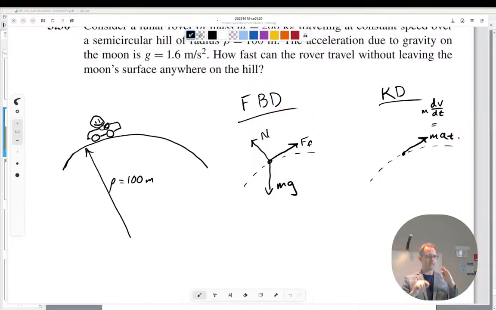So that tangent acceleration is 0 as we're moving along, and it's only describing speed.